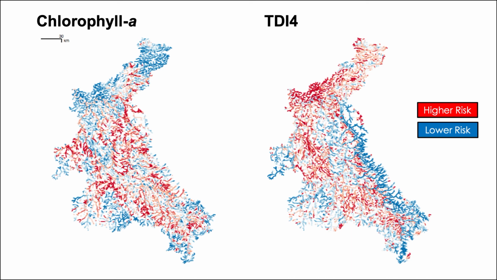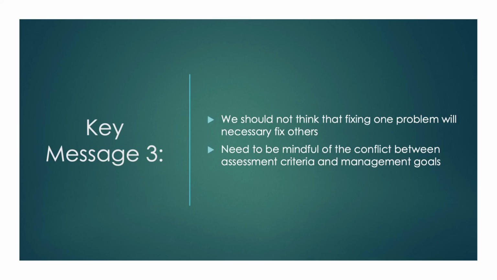But if you compare and contrast the areas highlighted in red for chlorophyll A versus the trophic diatom index on the right-hand side, you can see significant contrast, say, between the Emont system, where we are now. The Pennine Becks are coming out very different between these two, and the Irthing up in the north is also significantly different. So the key take-home message here is that we shouldn't think that by fixing one aspect of the ecology of the river that everything else will follow.